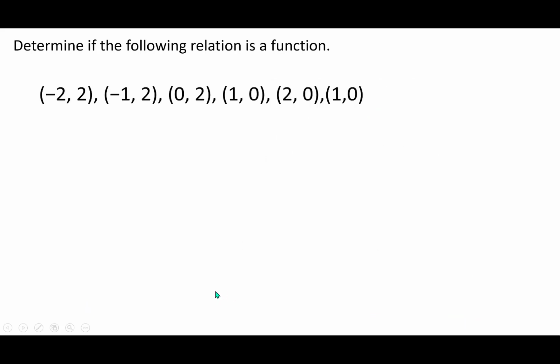All right, one last one before I end today. Let's look at this one here. So this is a set of ordered pairs. And do I have any repeating x values? Well, we've got -2, -1, 0, 1, 2, 1. So I do have a repeating x value. But what is my y value with it on both of those?